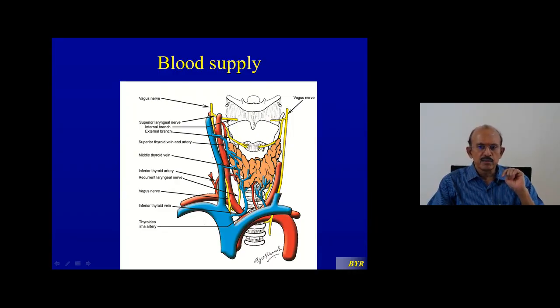The vein is separately present and arises at the lower pole of the thyroid gland, each lobe. In the inferior part of the thyroid lobe, you will find the inferior thyroid vein. This comes downwards and joins the brachiocephalic vein.